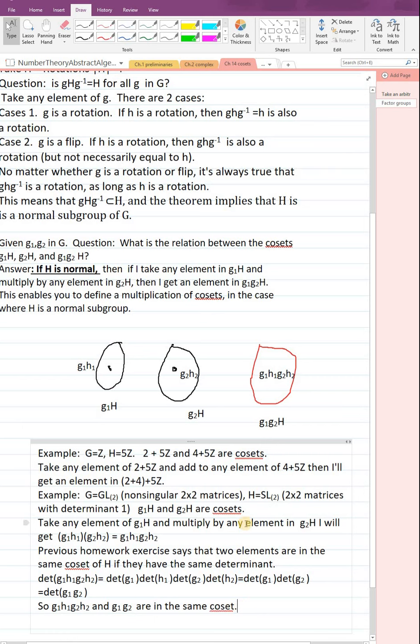And that's just what this picture says: the coset of G1G2 contains this element. So that's an example of a normal subgroup.